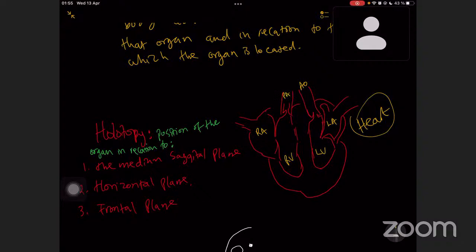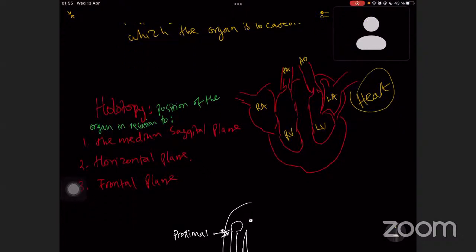So in describing the Holotopy, for example, of the heart, we are looking at the relationship of the heart to the median sagittal plane, which means, is the heart located in the left side of the thoracic cavity or the right side of the thoracic cavity?